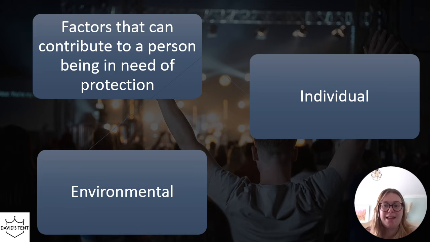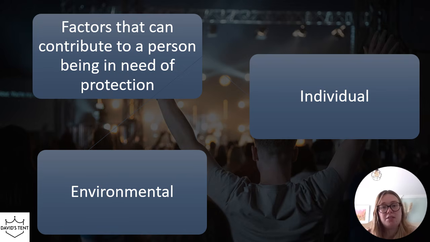So I mentioned earlier that there might be some factors that contribute to a person being in need of protection. So that's those adults that may need our safeguarding support. Those two factors that might be at play come under the two different categories of either individual or environmental. So if somebody's sharing something about the environment that they're in outside of David's tent, and you think this might not be the best environment for a person to be in, it might not necessarily be safe, or it might be contributing to their life being more challenging, that could be putting them in that category of a person in need of protection.